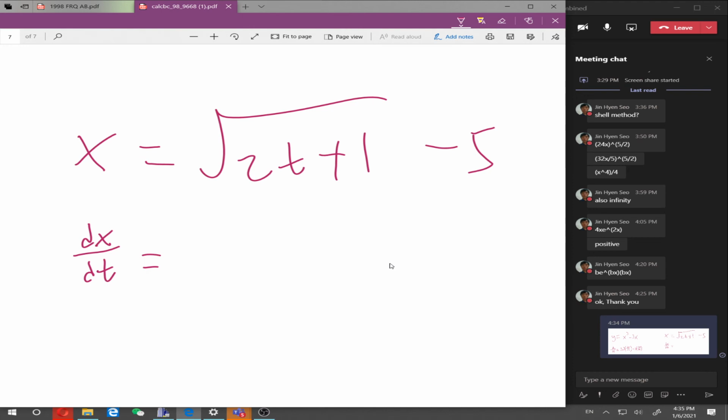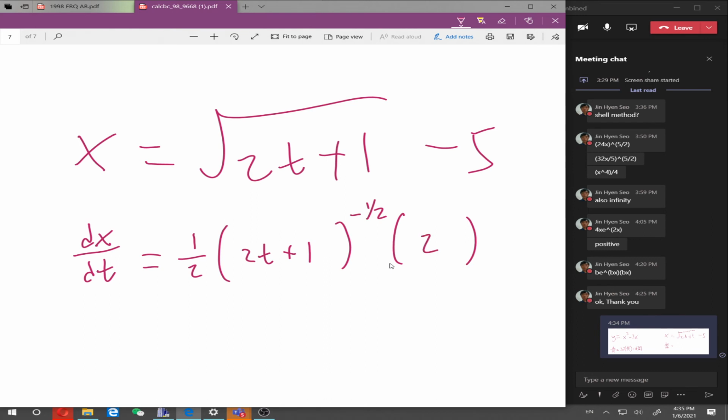Okay, so if x is the square root of 2t plus 1 minus 5, then what is dx over dt? 1 half times 2t plus 1 to the power of negative 1 half times 2.